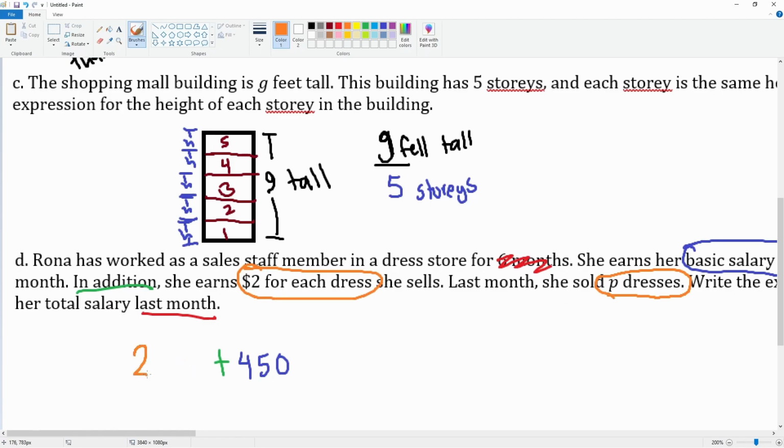So here's the $2, and that's going to be for every single dress. So 2 times the dress, and we know that the dress is the P. So it is 2 times P. 2P plus 45 would be the salary for her last month.